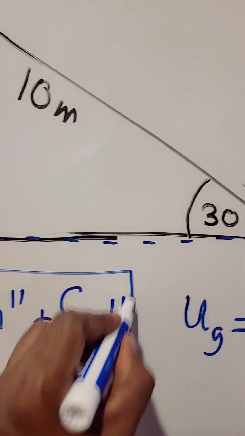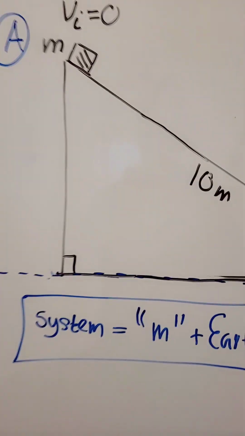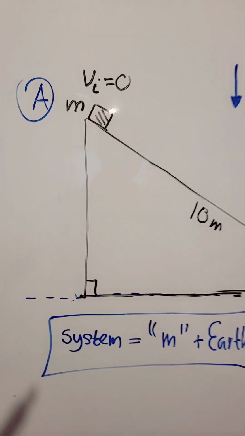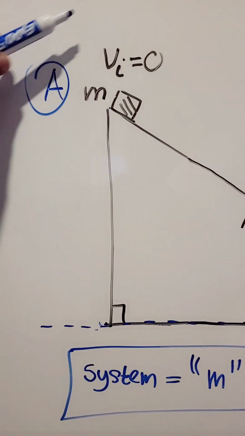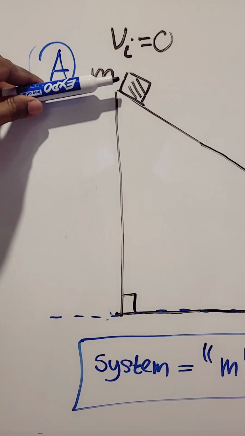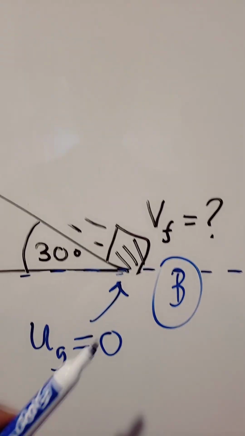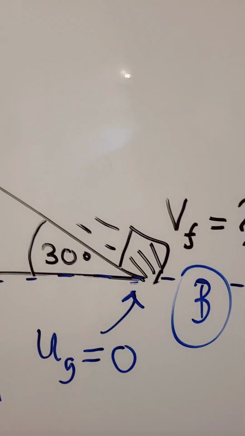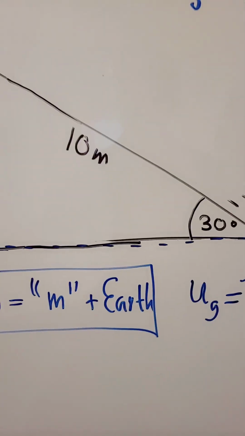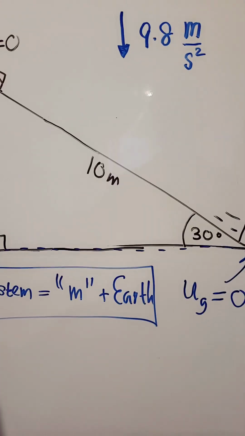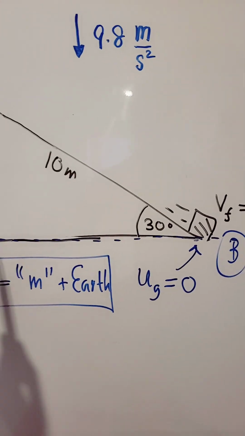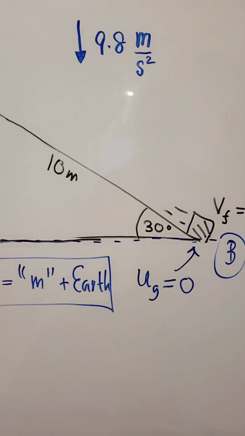That's our system. So what we are doing is comparing the mechanical energy of the system when the mass is at this point and the mechanical energy of our system when the mass is at this point, and that level we consider as the potential energy due to gravity 0 level.